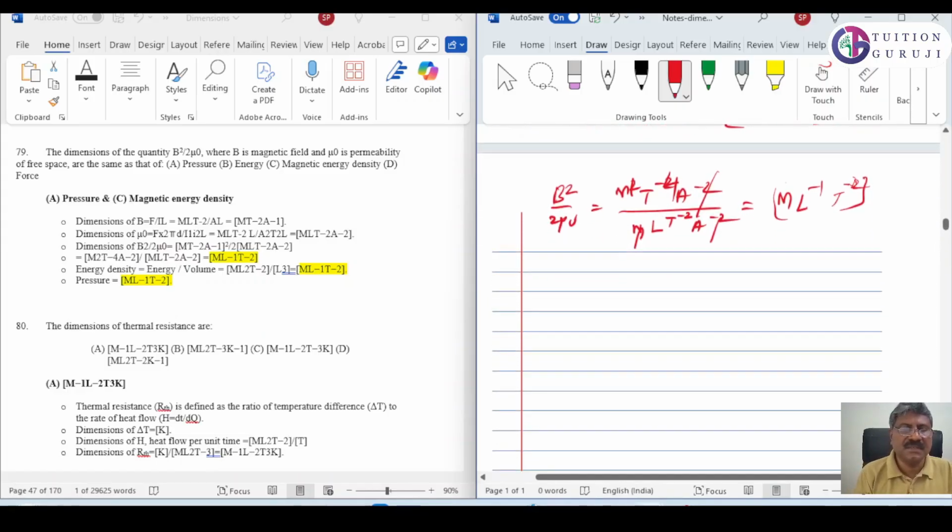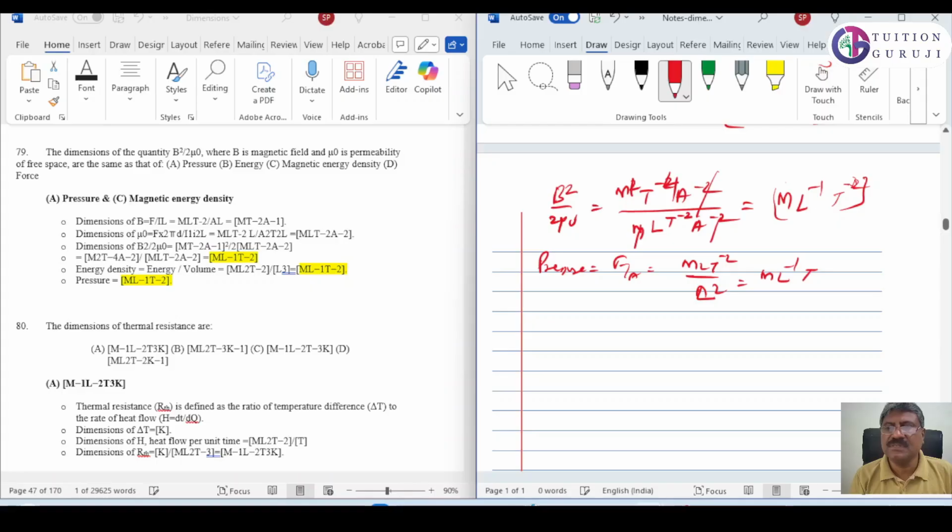So let us see what other things can give the same dimensions. Pressure is equal to force by area, which is M L T raised to minus 2 by L square, which is M L raised to minus 1 T raised to minus 2, giving the same dimensions. Energy is M L square T raised to minus 2, so it is not the same.